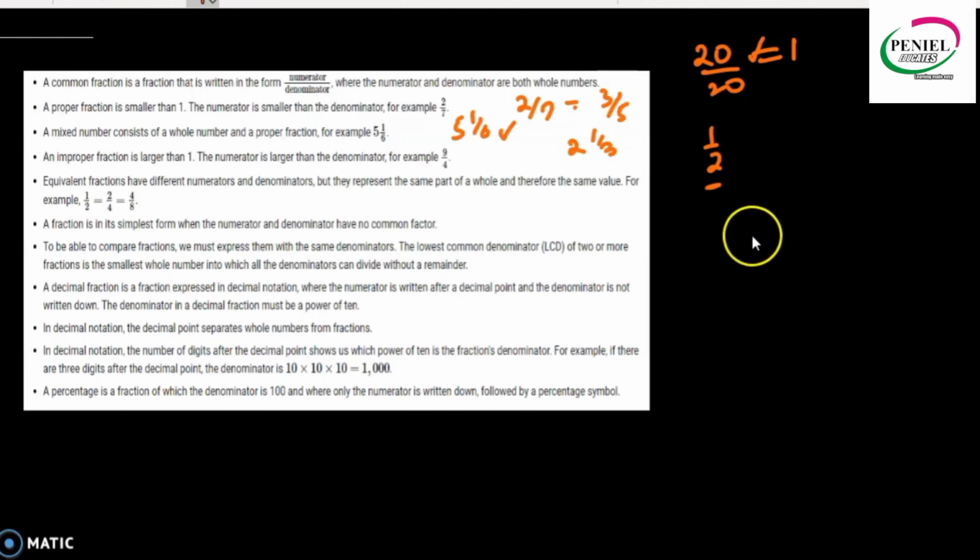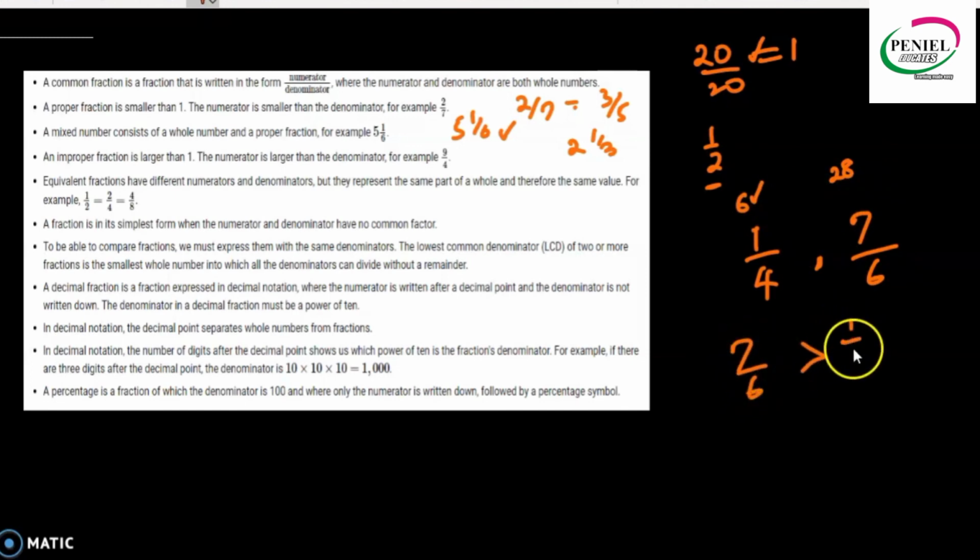For example, if you are given the fraction 1 over 4 to compare with 7 over 6, which is an improper fraction, you have to check which one is the biggest. So you just do 6 multiplied by 1, which gives you 6. 4 multiplied by 7 gives you 28. Now, this 28 is bigger than 6. So that means 7 over 6 is greater than 1 over 4. So this is the biggest. I also taught you that one.